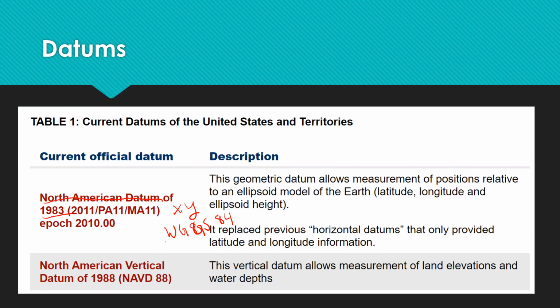But we also need a vertical datum. That vertical datum in the US is called the North American Vertical Datum 88, NAVD 88. This is the datum that allows us to say, what is our 0 meters mean sea level? What actually is that? So this is another system that we need to talk about.